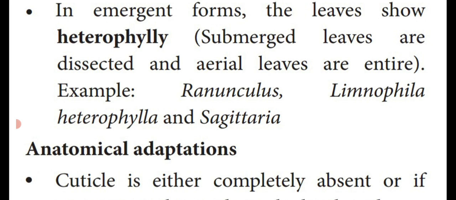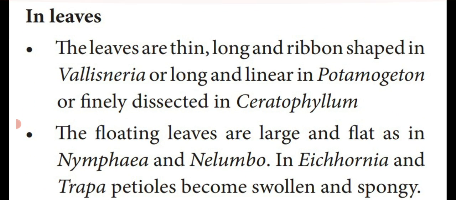And the aerial leaves are entire, that means normal leaves. Example, Ranunculus, Limnophila heterophylla and Sagittaria. So these are all the different morphological adaptations of stem, root and leaves of hydrophytes.